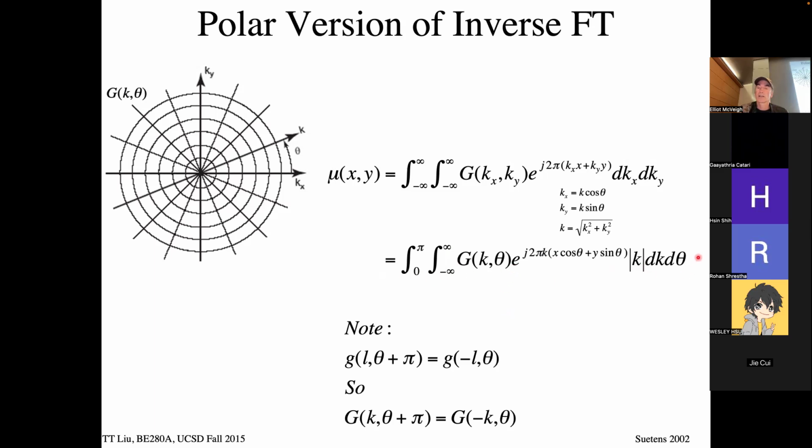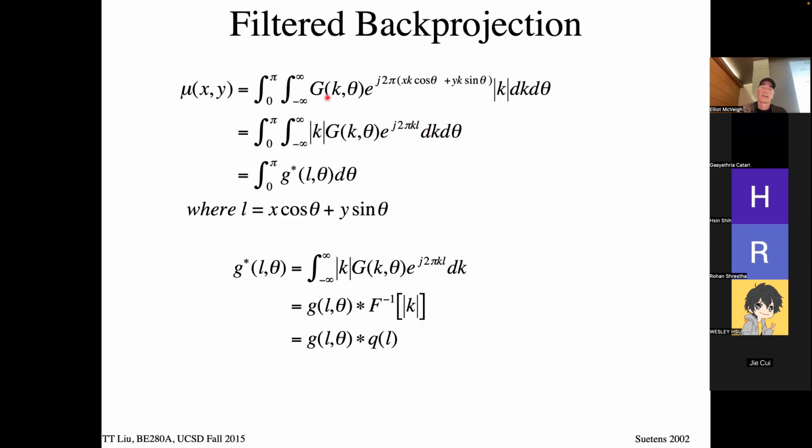So here's our new integral, the inverse Fourier transform to get this. Let's look at it written out again. We can take the absolute value of k and push it over here, such that now all of our k-dependent stuff is inside here.